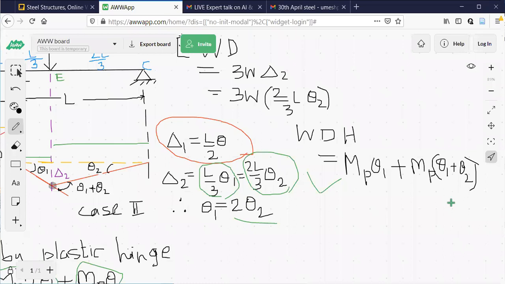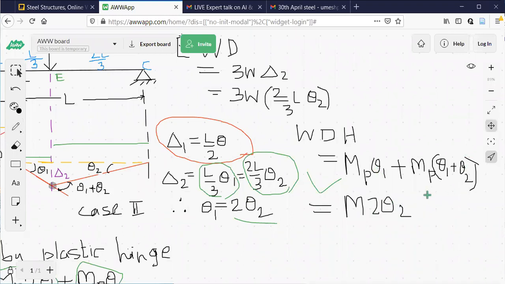You have to equate these two. Remember one thing here, when you want to equate it, wherever theta 1 is there in this formula, you convert it into theta 2. That's all. Theta 1 becomes 2 theta 2. Here also it is 2 theta 2. So this becomes easy for you to get the value of WC. So MP theta 1 is 2 theta 2.